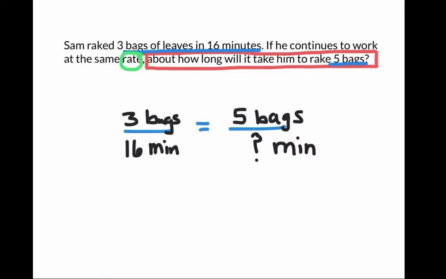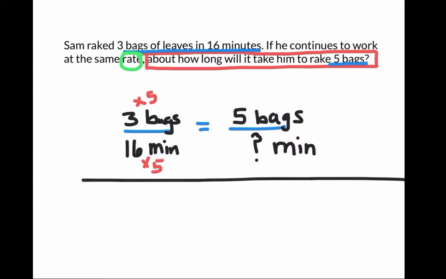So do you remember what strategy we learned before our Thanksgiving break? We're going to unsimplify the known ratio using the value in the unknown ratio. So let's do that now together. So we're going to multiply this by 5, multiply this by 5, and I'm going to set up my new proportion here.